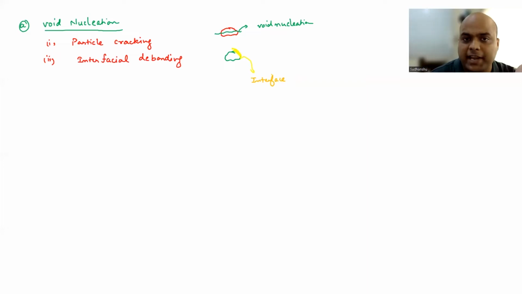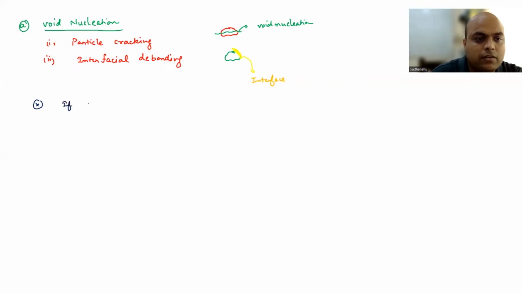So either of these two can happen depending upon the strength of the interface. If the strength of the interface is higher than the strength of the particle, then obviously the particle is going to crack. If the particle strength is higher than the interfacial strength, then the interface is going to debond. So depending upon the nature of the interface, either of these two processes is going to be active.